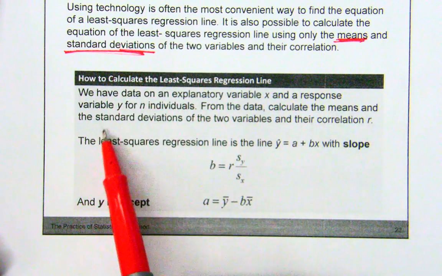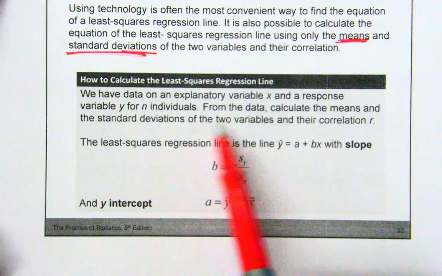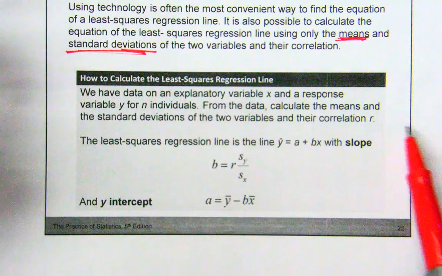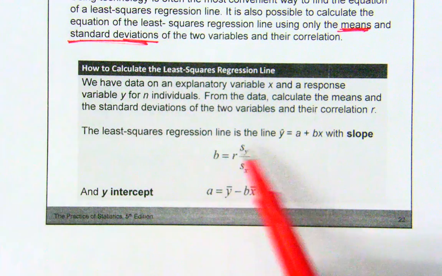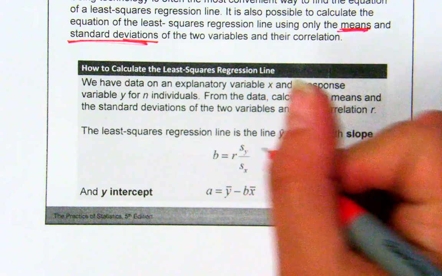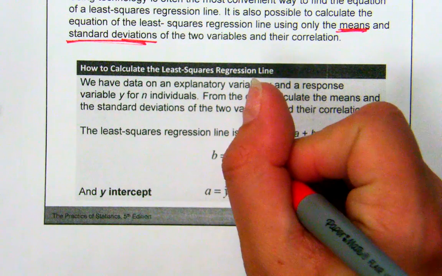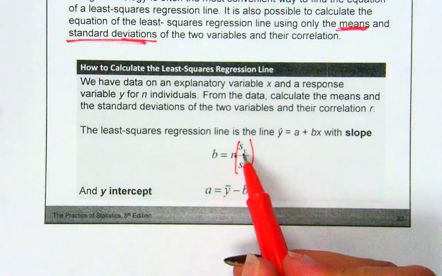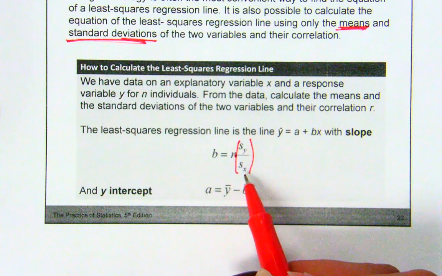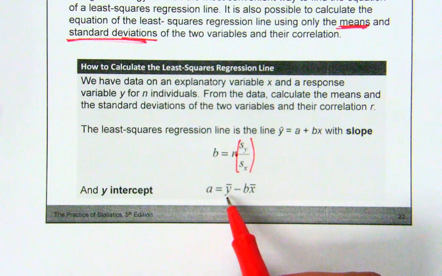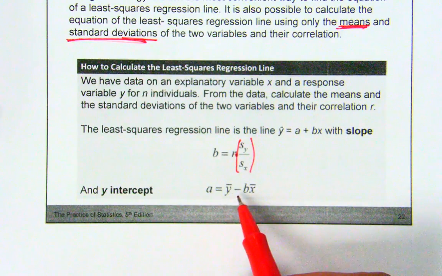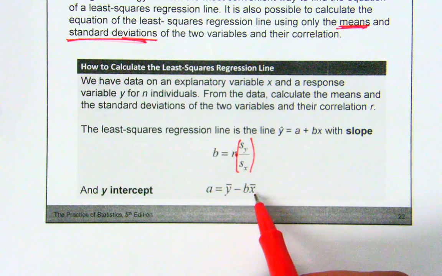You calculate the means and the standard deviations of the two variables separately, find their correlation r, and then you get the b value if you take the r value and multiply it by the standard deviation of y divided by the standard deviation of x. You get the a value if you take the mean of the y's and subtract the b value you got times the mean of the x's.